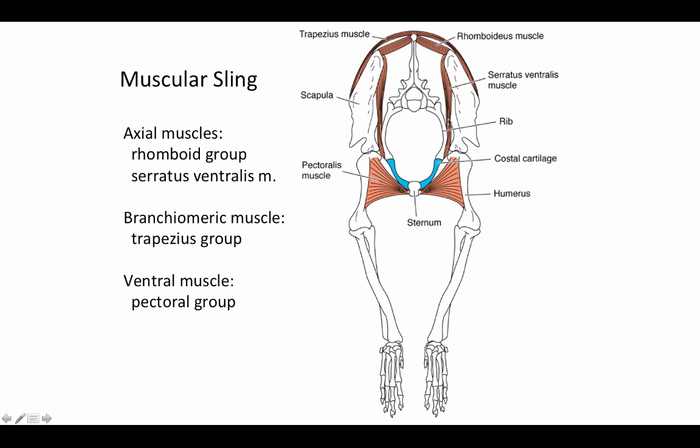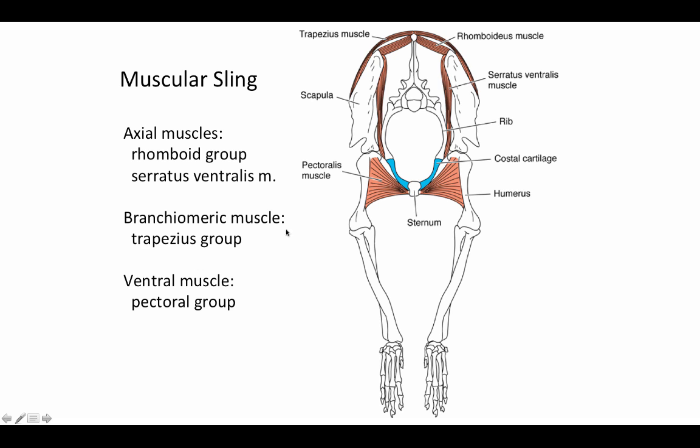If you go back a little posteriorly, it'll attach individually to the different ribs in these little finger-like slips of muscle. And then the branchiomeric contribution, this trapezius, which goes superficial to the rhomboid group, and again, just drapes over the top of the scapula and lashes the scapula to the neural spine of the vertebra.